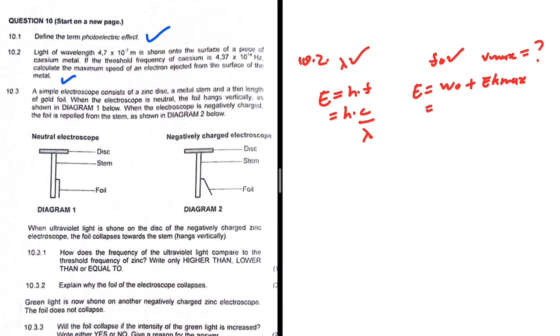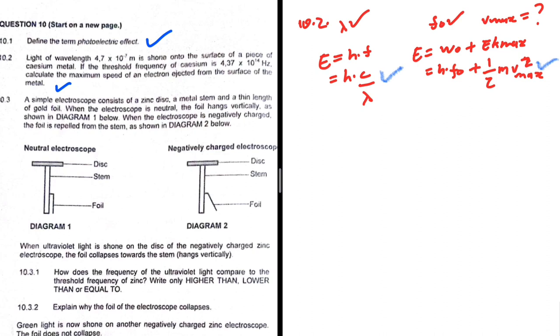The work function is just h multiplied by the threshold frequency, plus EK max. EK max is a half m v squared. Not just any v, but v max, of which we are interested in. So the energy is equal to this equation, and the energy is also equal to this equation. So we can equate the two equations.